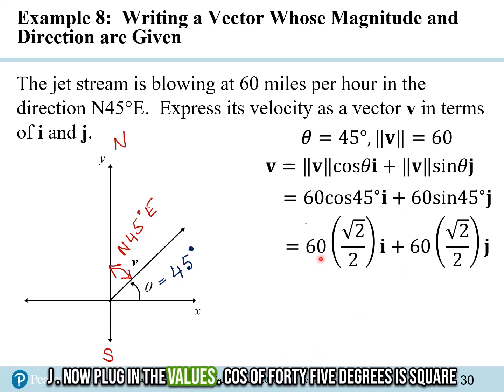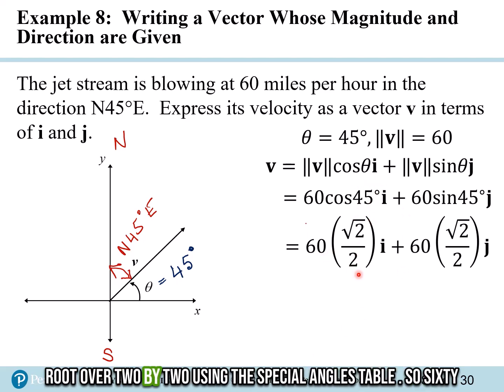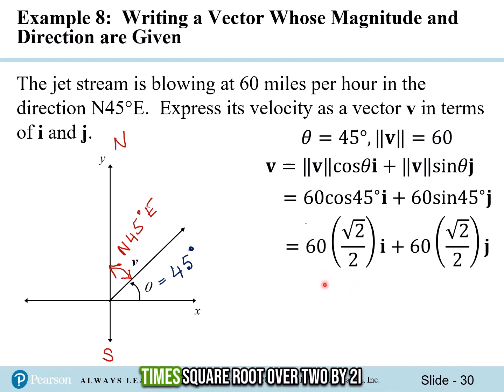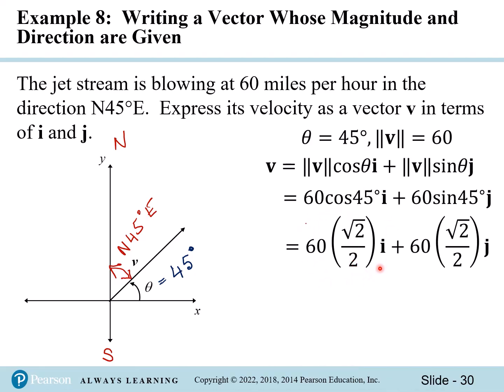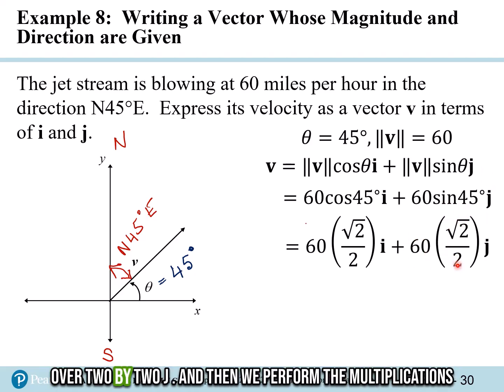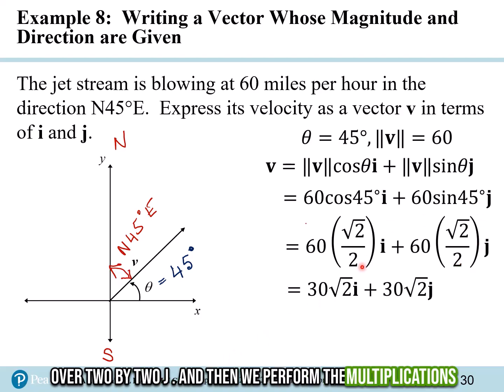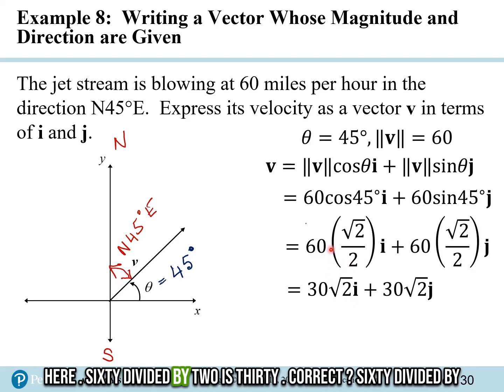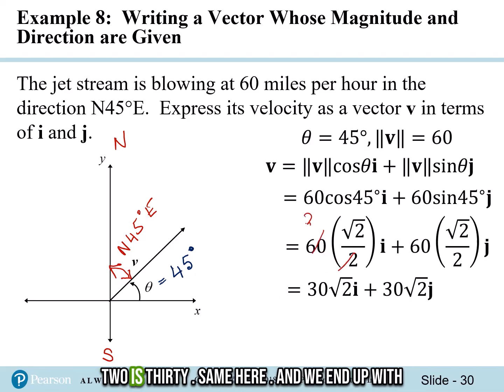Now plug in the values. Cos of 45 degrees is square root of 2 over 2 using the special angles table. So 60 times square root of 2 over 2 i plus 60 times sine of 45 degrees, which is also square root of 2 over 2, j. And then we perform the multiplications here. 60 divided by 2 is 30, correct? 60 divided by 2 is 30.